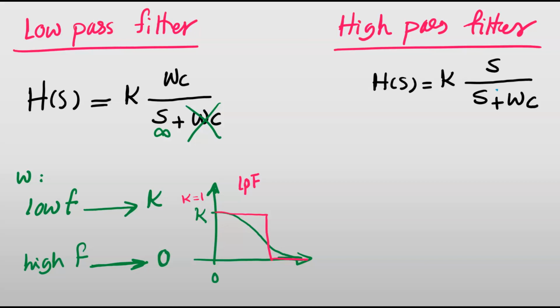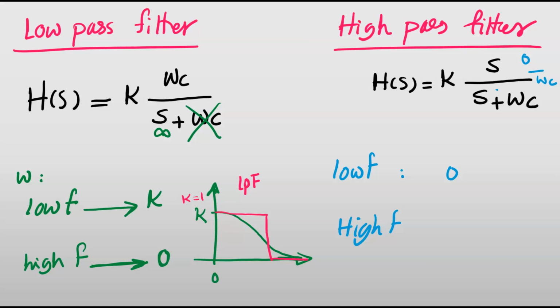So again, what we have to do is focus on low frequencies and high frequencies. In low frequency, I have to consider my S to be very close to zero. So what I have is basically 0 over 0 plus a number. So 0 over a constant, which is omega C, and that's close to 0.